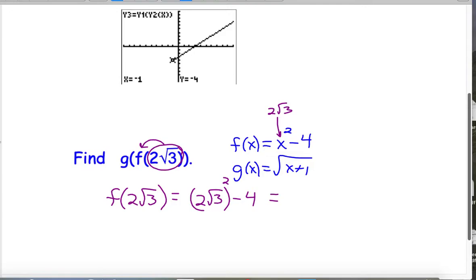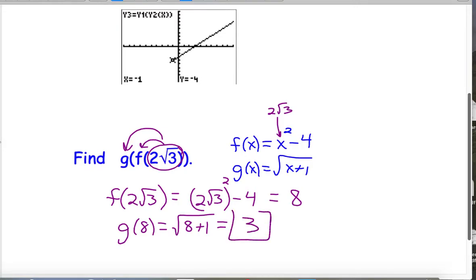And so I'm going to have 4 times 3 is 12. And then 12 minus 4 is 8. Then I'm going to take that 8 and I'm going to send that to the g function. So then g of 8 is going to equal the square root of 8 plus 1, which is the square root of 9, which is 3. And now we've evaluated it.